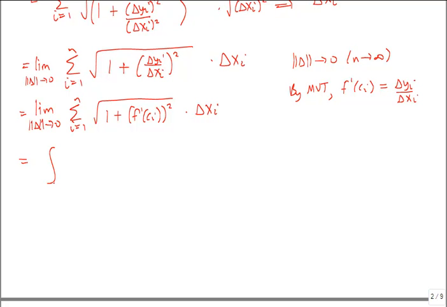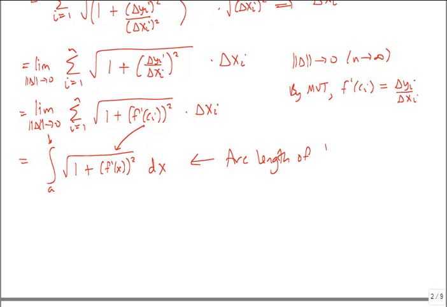So the summation becomes the integral from a to b, the endpoints of our original partition, and this becomes the square root of 1 plus f prime of x quantity squared, and the delta x sub I on the end turns into our dx. So this is called the arc length of our function f on the interval a to b.